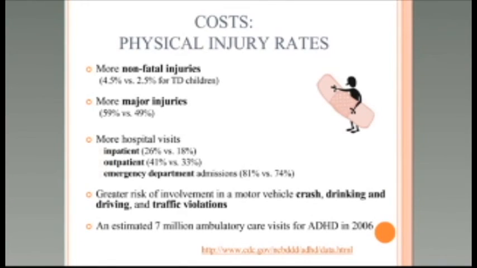So again, when you think about impulsive behaviors or less attention to cause and effect and consequences, that can result in actual physical injury. And overall, this resulted in an estimated 7 million ambulatory care visits for ADHD in 2006.